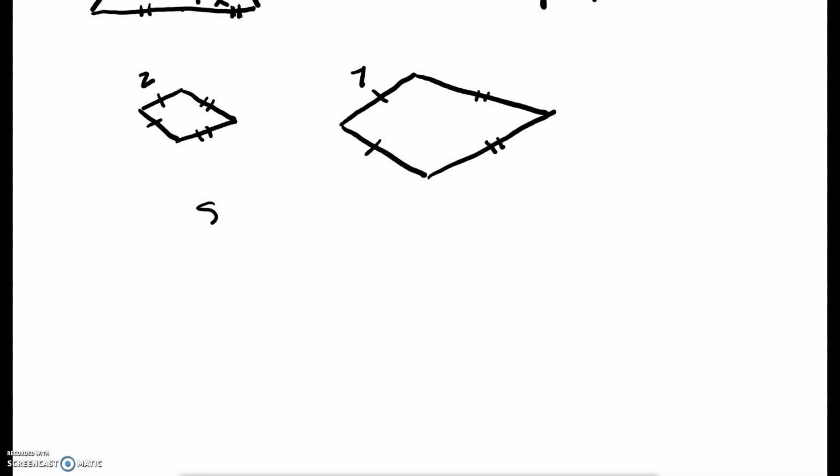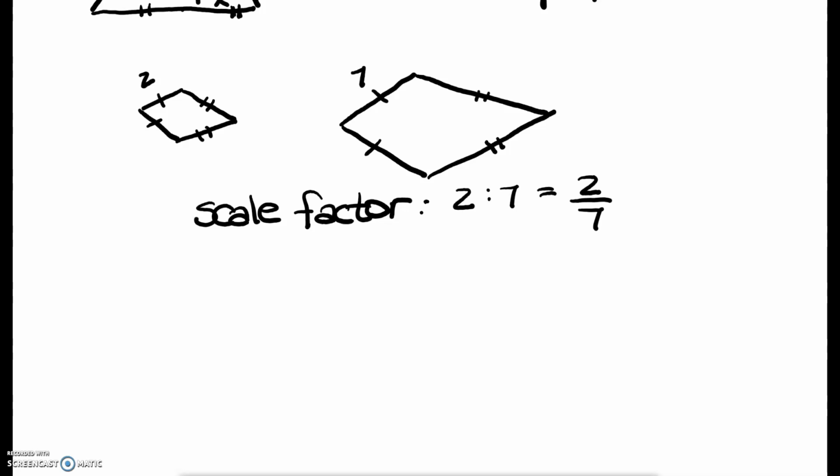The scale factor would be one side to the other side. So we would have a scale factor of 2 to 7, and we can write it as 2 over 7 if we want. Let's say this is 15, and this is x.